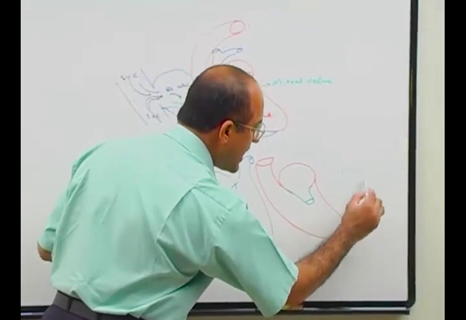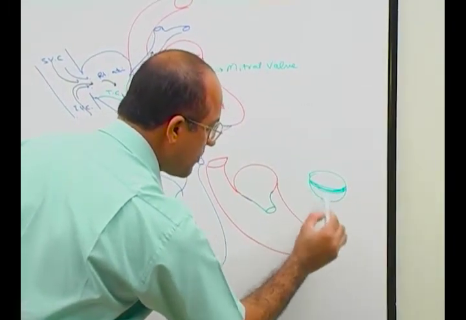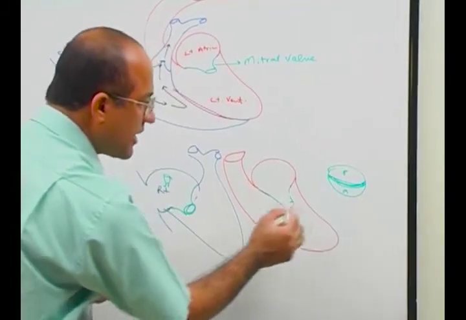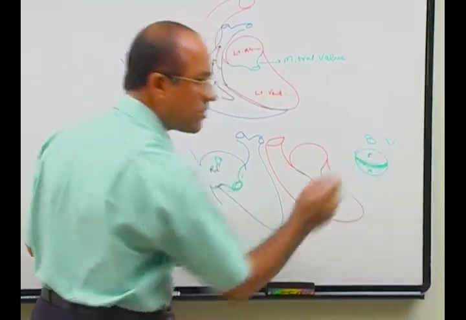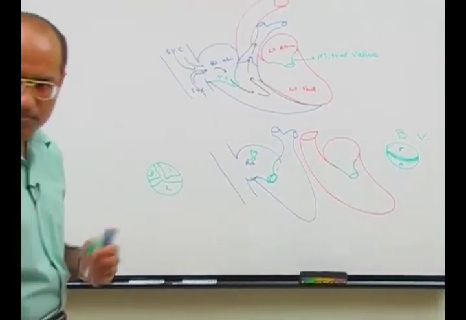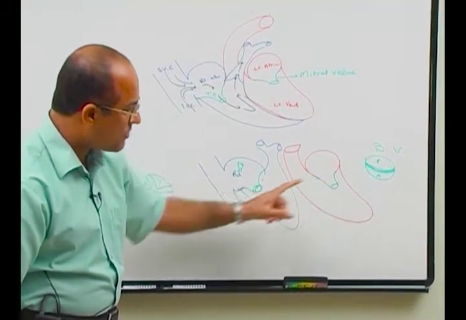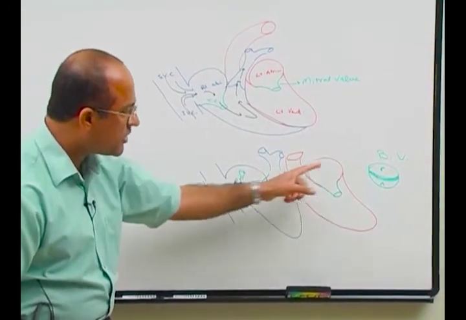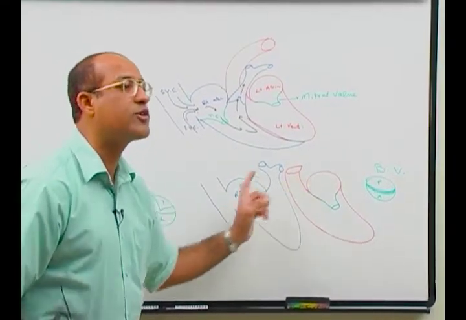The mitral valve has 2 leaflets, anterior and posterior. That is why the mitral valve is also called the bicuspid valve. Because the bicuspid valve or mitral valve and the tricuspid valve are between the atria and the ventricles, they are also called atrioventricular valves.